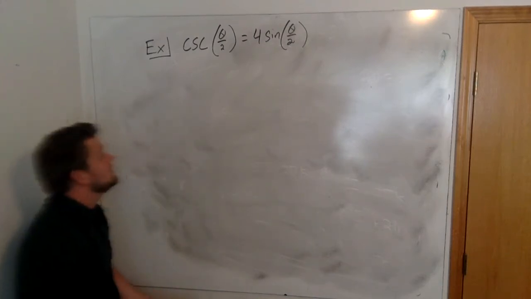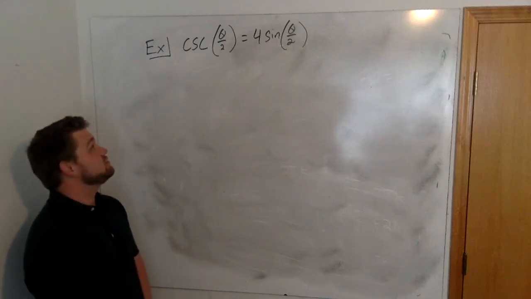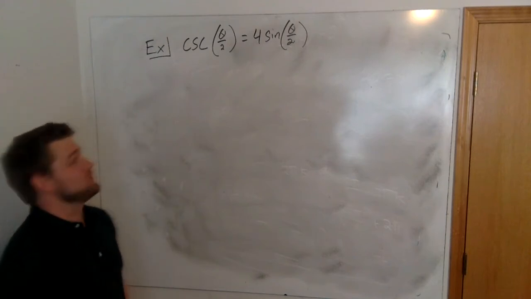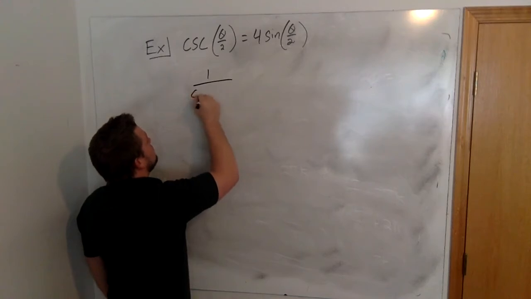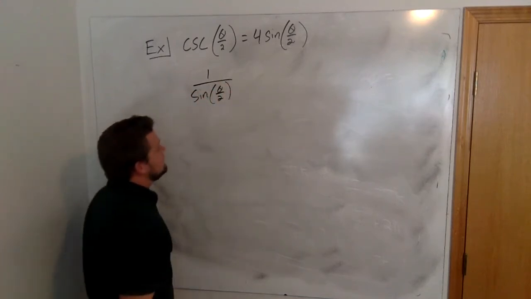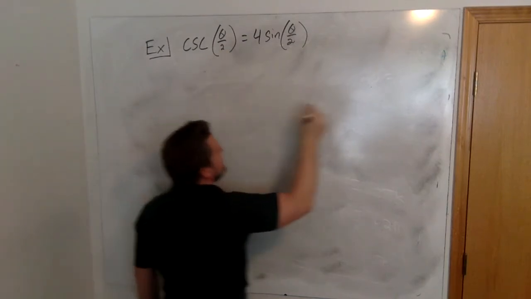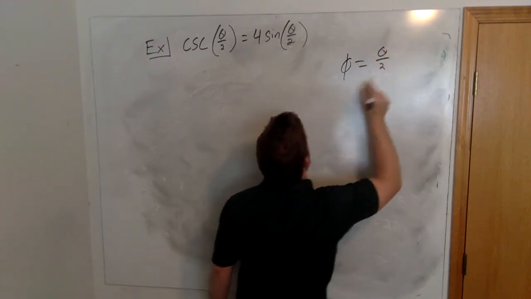Okay. For this situation here, I think it's going to be really nice of us to get rid of that cosecant and turn it into a 1 over sine. Actually, since this is theta over 2, let's say phi is the same thing as theta over 2.